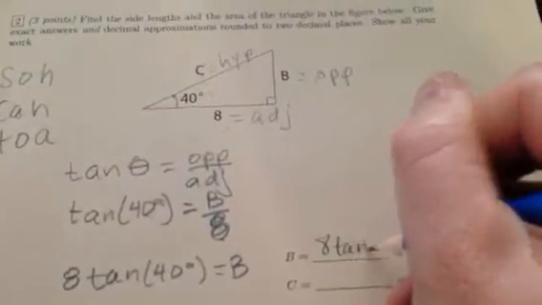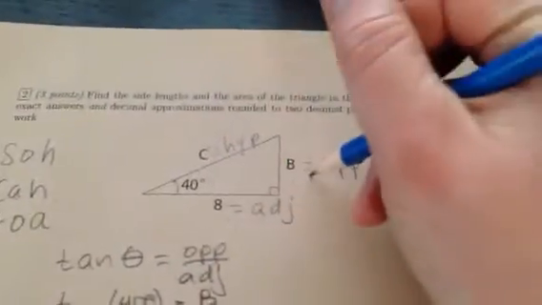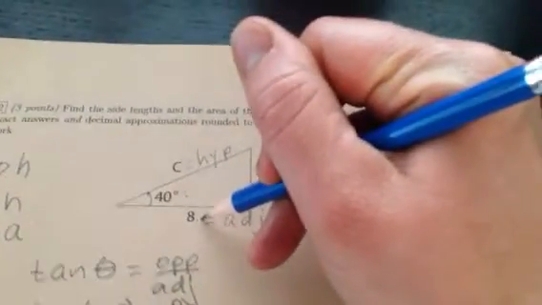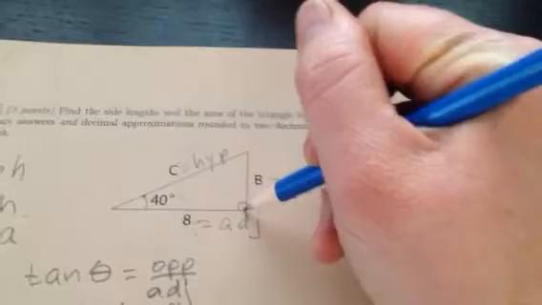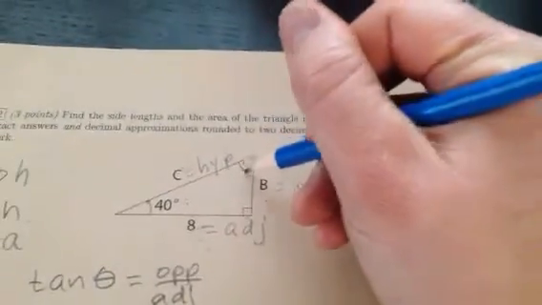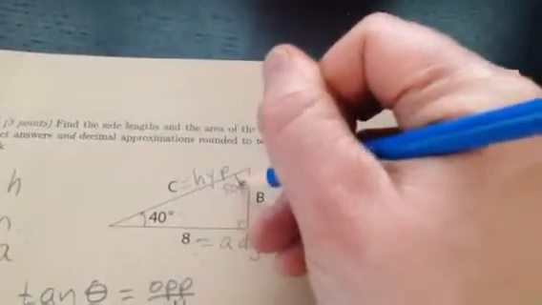8 tan 40 degrees. To get the approximate answer, you would plug this into your calculator, knowing that side B should be smaller than the side adjacent. Because if this is 90 degrees, C has to be the longest side. And this angle right here is 90 minus 40, which is 50 degrees.